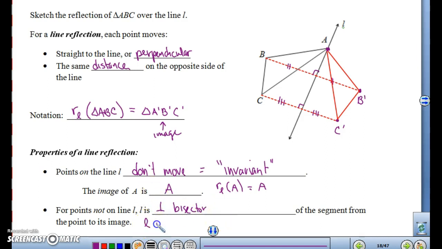So L is the perpendicular bisector of the segment B prime and C prime. So this dotted line segment right here, this line L is the perpendicular bisector of it. That is important when you're having a line reflection. The line of reflection is the perpendicular bisector of the segments that are created by the point and its image.